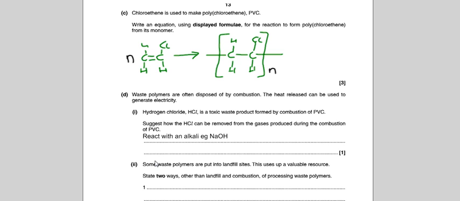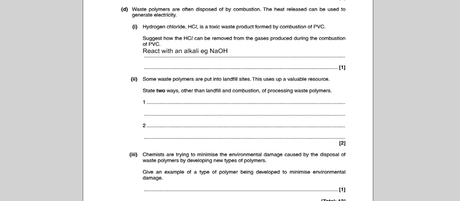Then, disposal of polymers: state 2 ways other than landfill and combustion. It's important you read the question here because people fall into that trap. It does say other than landfill and combustion, so don't mention them in your answer. Here we are, landfill and combustion.